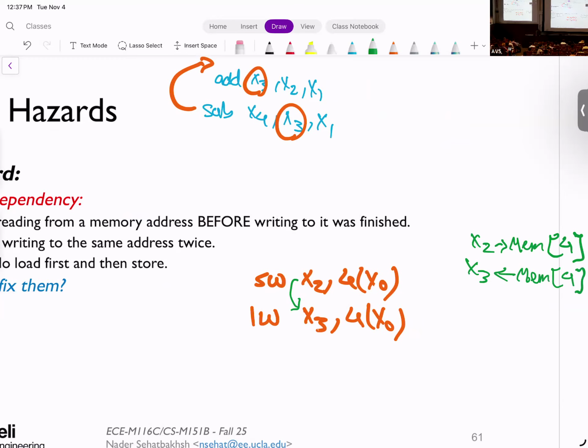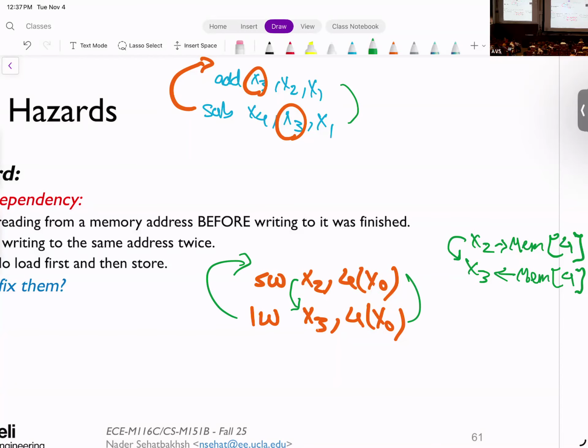In other words, x2 should be updating x3. But if I let these instructions be reordered and the load happens before the store, then the value that x3 reads is going to be an old, wrong value. So a similar RAW data hazard happens here as well.